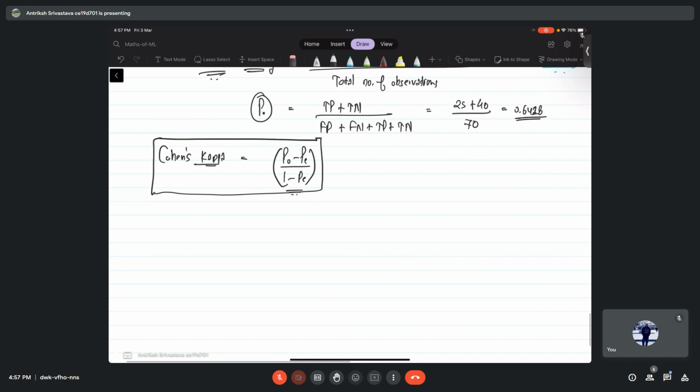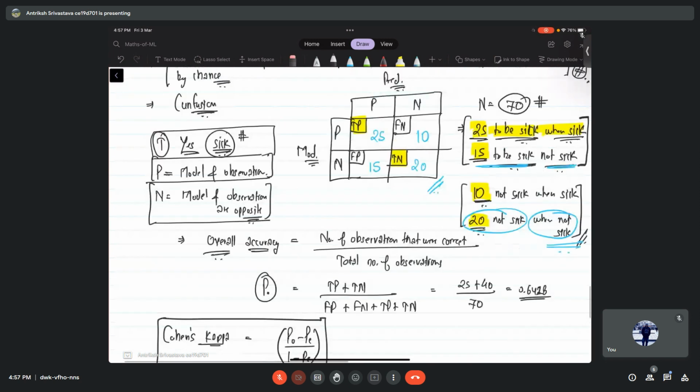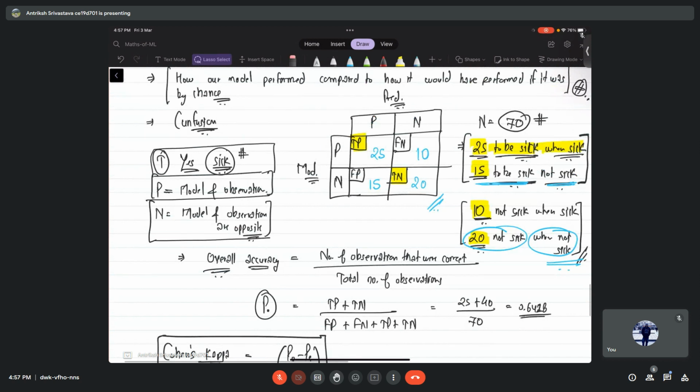And how do we calculate that? We calculate that by adding the probability of this model being correct for yes, and for no. Let me show you pictorially how we do that.